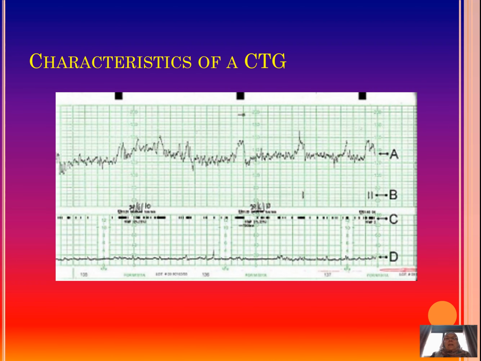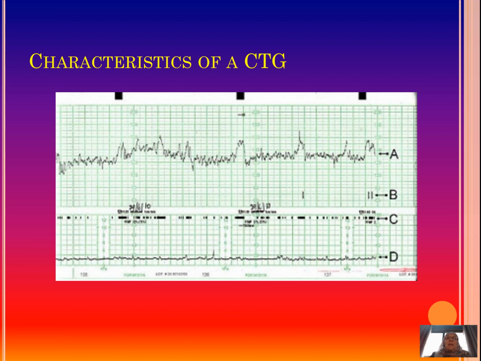So if you look at this CTG, you can see some letters at the right side, A, B, C, and D. Just write down what A, B, C, and D represent on this CTG.